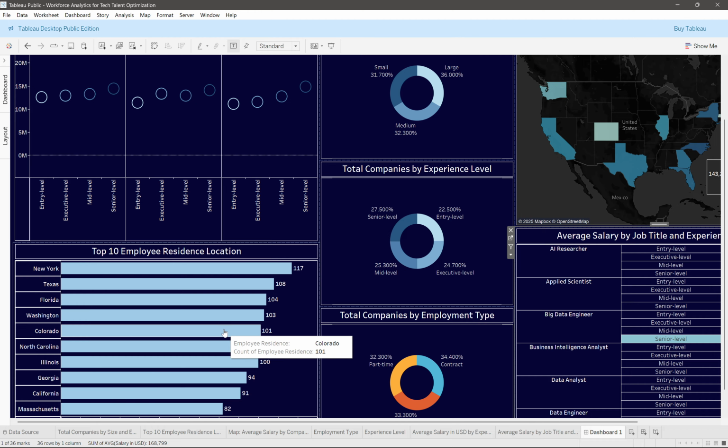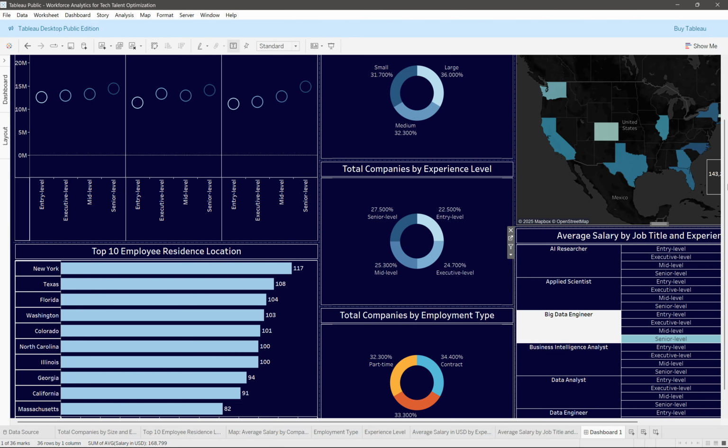Moderate hybrid ratios cluster employees near major urban areas. Low remote roles overlap tightly with the company locations. This helps us understand remote-first versus hybrid on-site strategies, cost optimization through geographic hiring, and team structure planning across time zones.